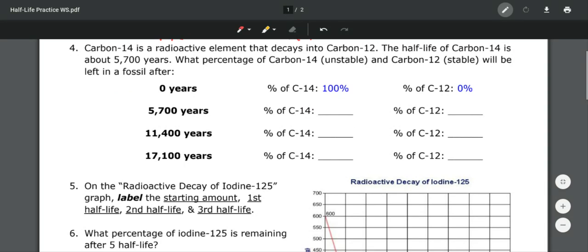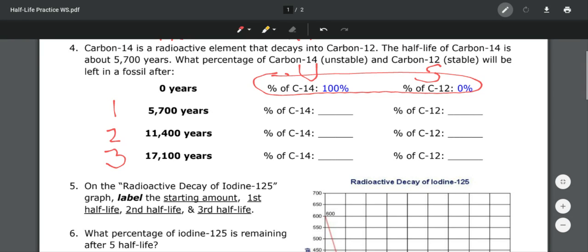Next. All right. Carbon-14 is a radioactive element that decays into carbon-12. The half-life of carbon-14 is 5,700 years. What percentage of unstable carbon and stable carbon will be left after? Okay, so here's our first half-life, second half-life, third half-life. Both of these need to equal 100% because here's the amount of my unstable and amount of my stable isotope.